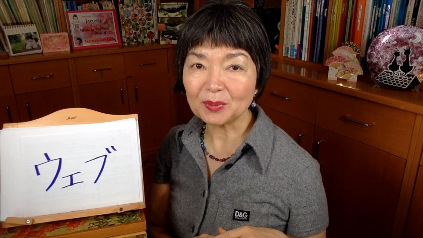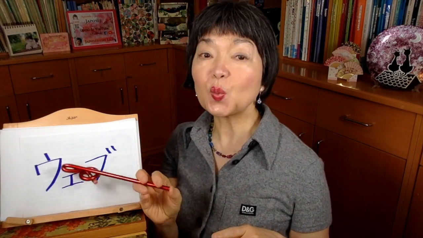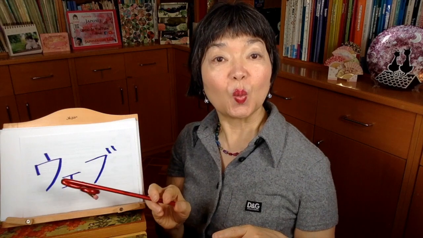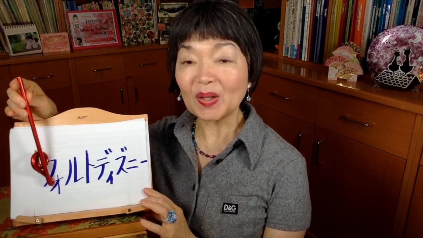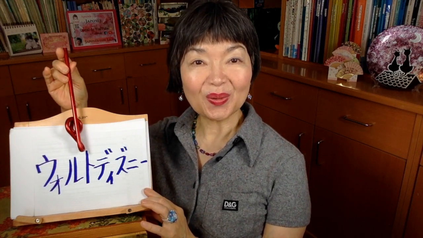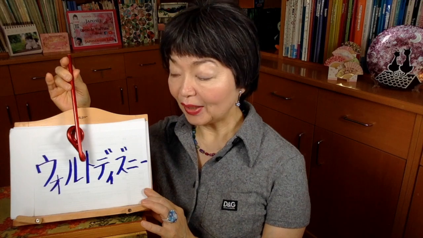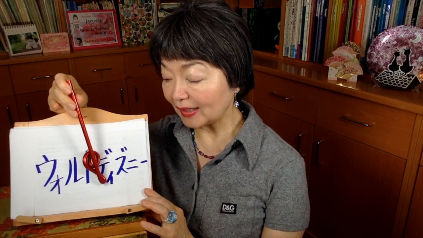Now the example with U and small e. This is web. This is website. It's a little bit difficult to read this. U and O. Waruto, and this one te and ten de, and also there's small e, so the sound is d.